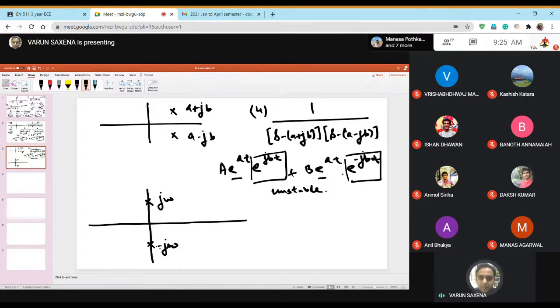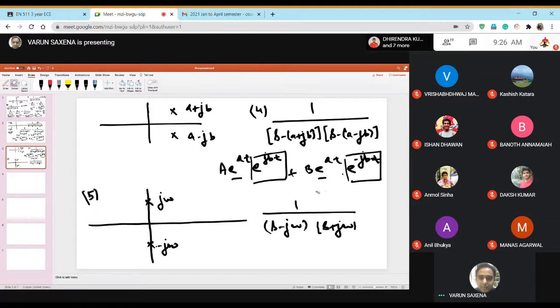So this will basically look like s minus j omega and this will be s plus j omega. Right, so this is the fifth case. Let me just write unstable here. So this is unstable.